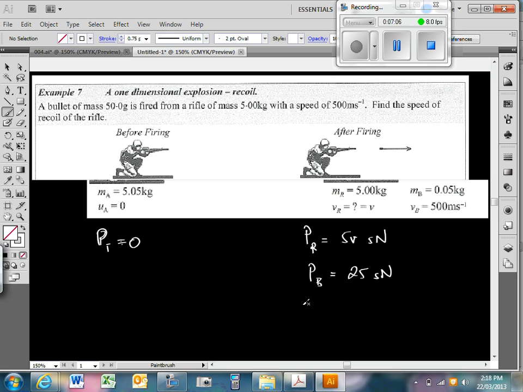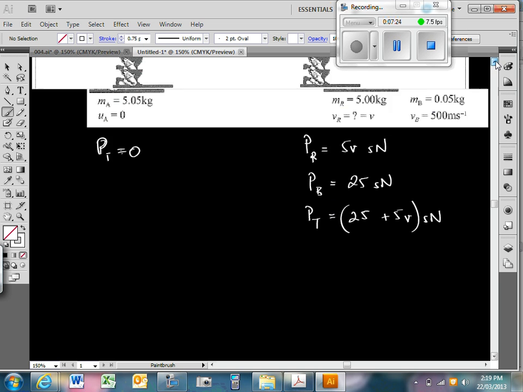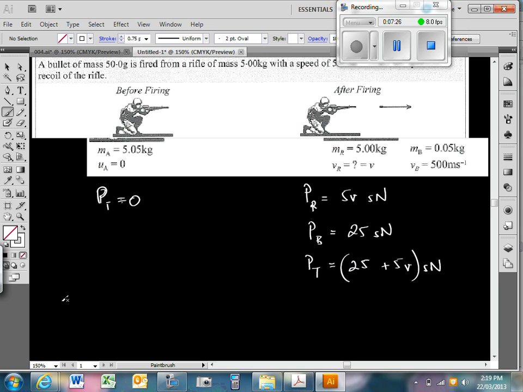Total momentum. Yes, we know that. 25 plus 5v sec-newtons. Which we're going to say, of course, is by the conservation of momentum.